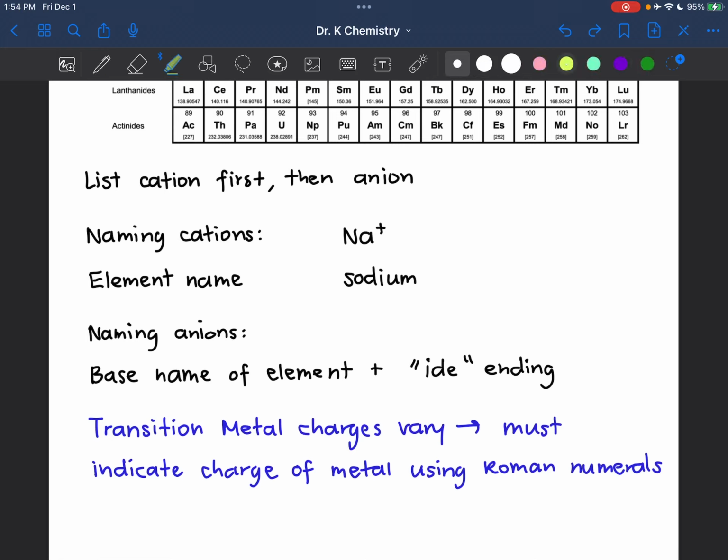But as I mentioned, the transition metal charges vary, which means that we have to indicate the charge of the metal using Roman numerals. So you're going to list the cation name, then in parentheses, you're going to list the Roman numerals indicating the charge of that metal, and then the anion as usual.